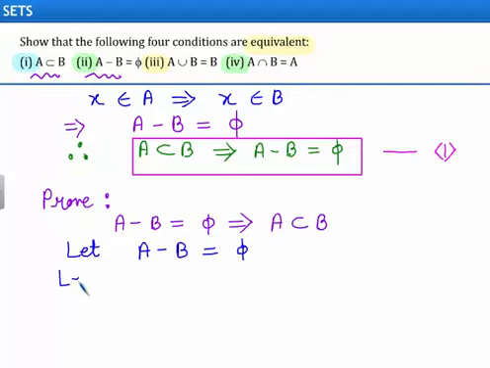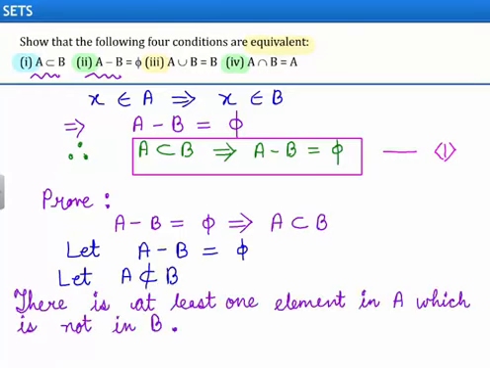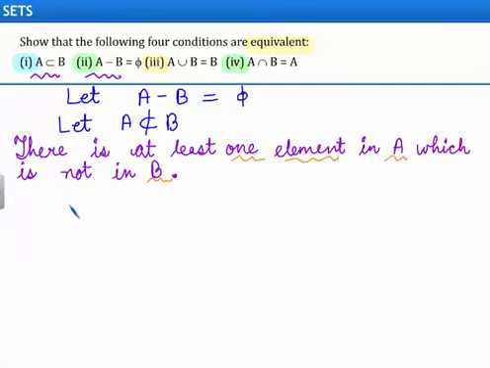So let A is not a subset of B. If A is not a subset of B, there is at least one element in the set A which is not in the set B. So this implies that A minus B is not equal to the empty set.